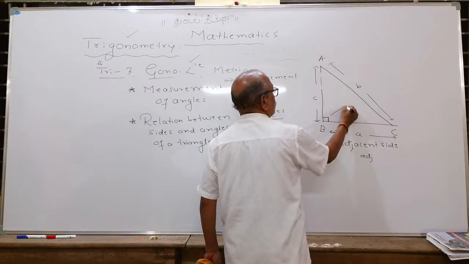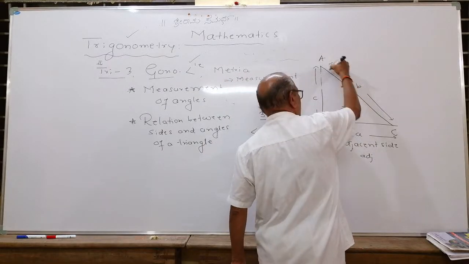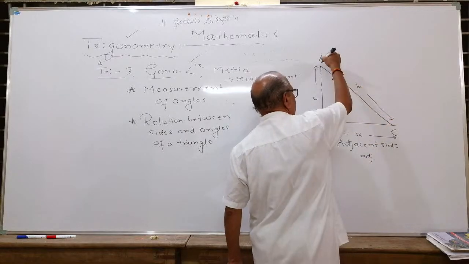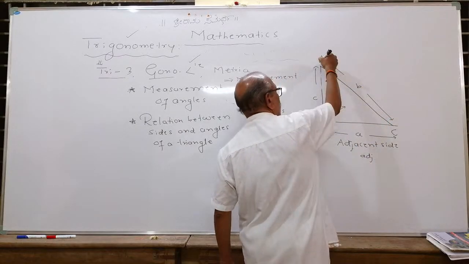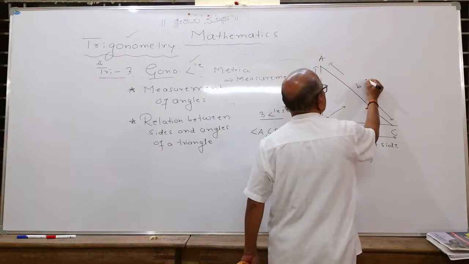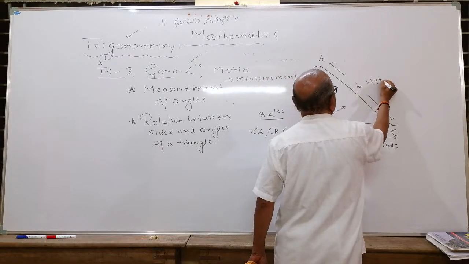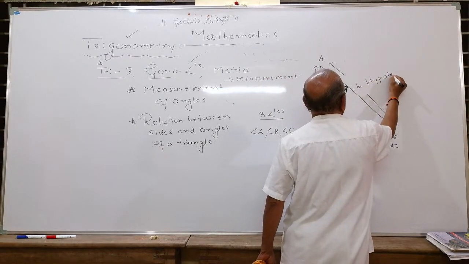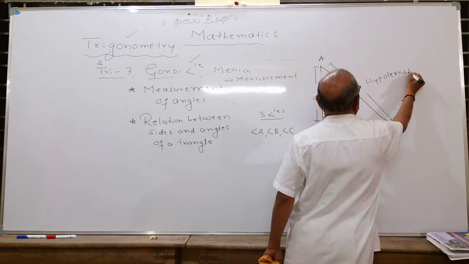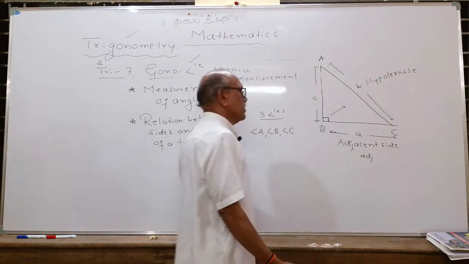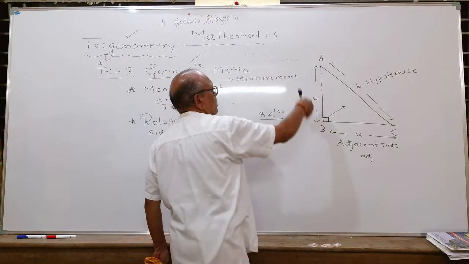What is the side opposite to it? Opposite to it is the longest side of the right angle triangle. It is called the hypotenuse. And this is the perpendicular.